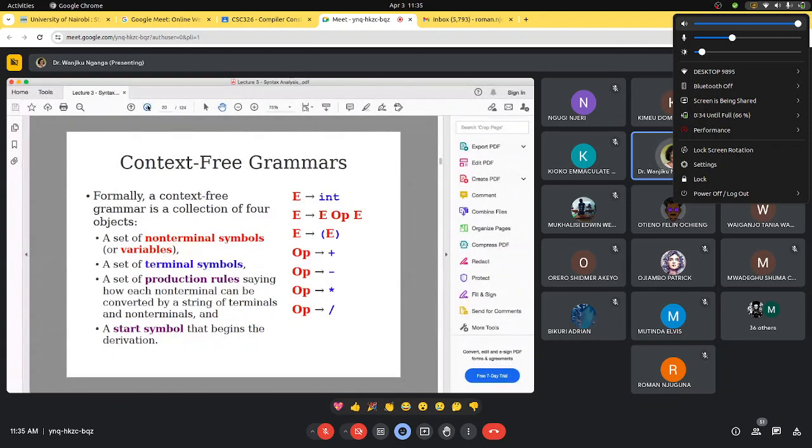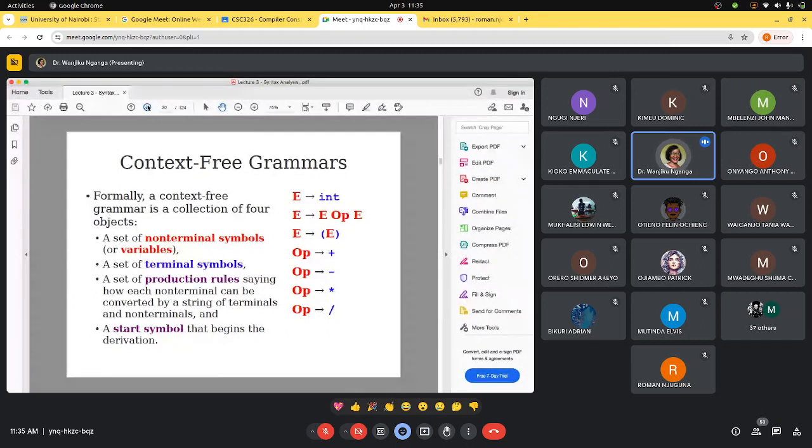And of course, we must always specify the start symbol so that we know exactly where the parse tree is going to be constructed from. So in this case, we have 2 non-terminals, that is E and Op, and we have 1, 2, 3, 4, 5, 6, 7 terminal symbols as shown in the graph.